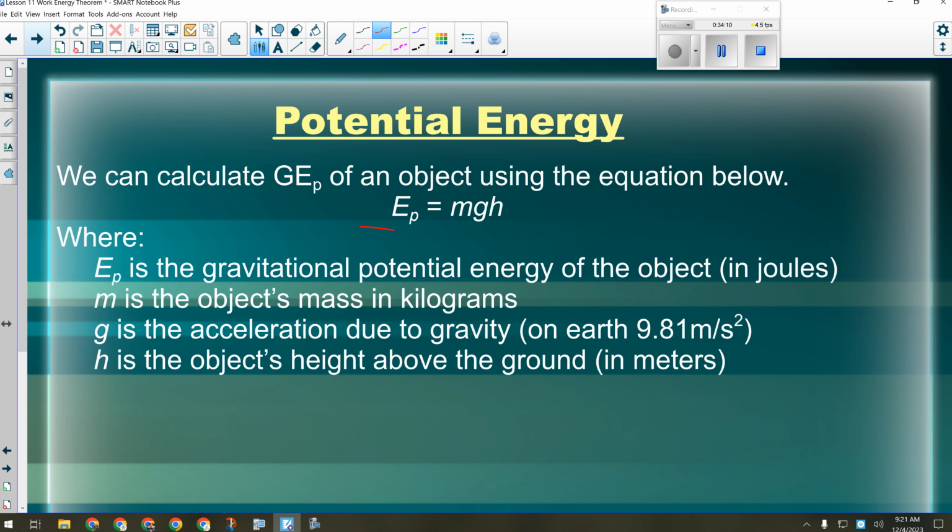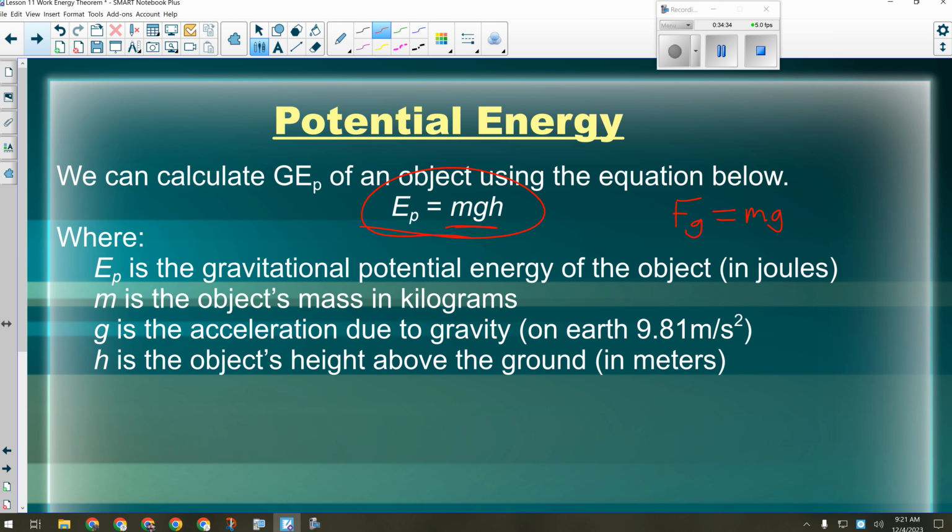Okay, so we talked about this. M times g times h calculates potential energy. M times g actually calculates the force of gravity, what we would also call weight. The force of gravity is your weight.